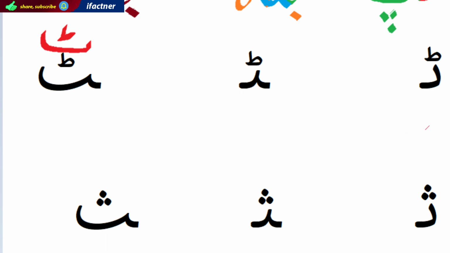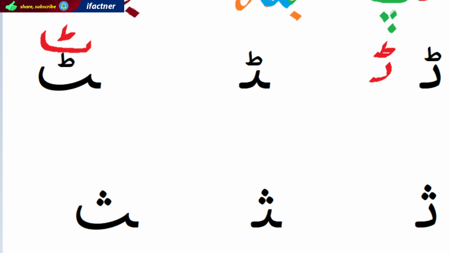Now te is a retroflex sound character. You have to roll your tongue to pronounce te. Now let's write, you take just this first part and put this special character on top. Let's suppose we want to write tub.